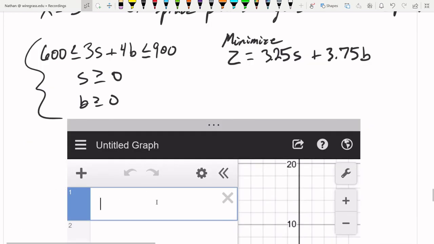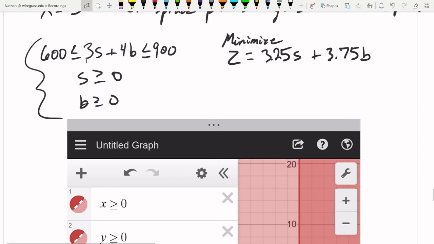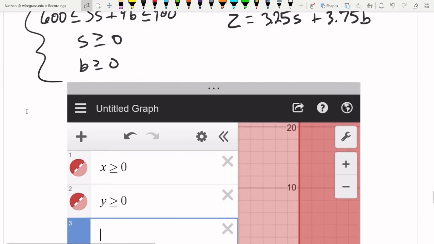So we have, S was X, so X must be greater than or equal to 0, of course. And Y must be greater than or equal to 0. That really just means that it's in the first quadrant. And then finally, we have 600 is less than or equal to 3x plus 4y.